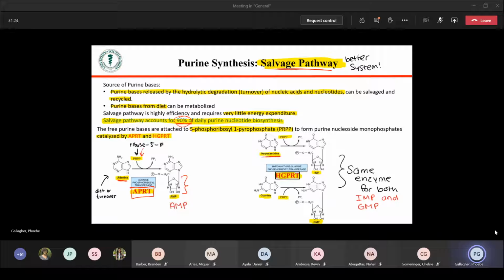For hypoxanthine and guanine, they both use the same enzyme, so just associate those two as using the same enzyme. So here you have your free base that you get through your diet or whatever, and it's also added to the PRPP to make your nucleotides. So it's the same process, just a different enzyme for all three of these. And that's the important thing to make a note of.